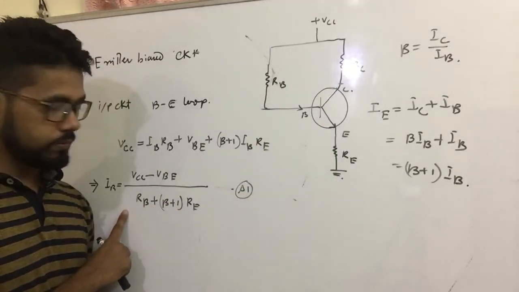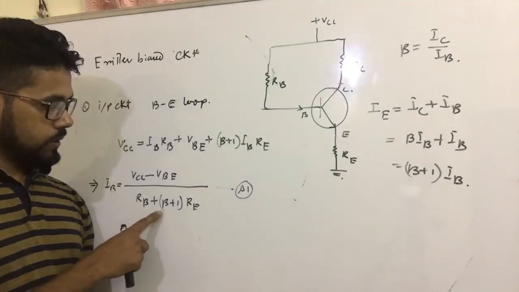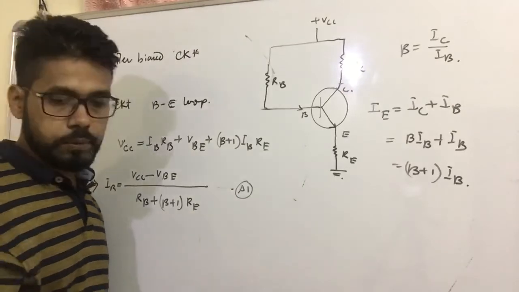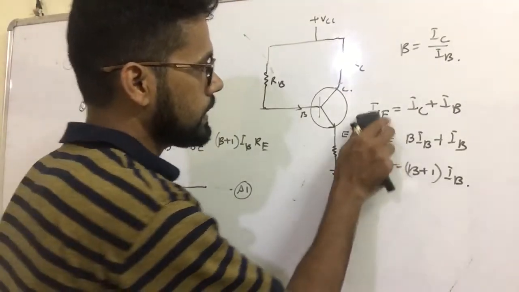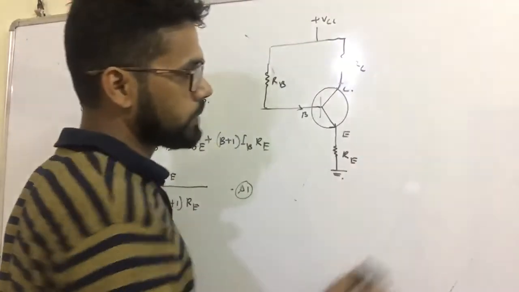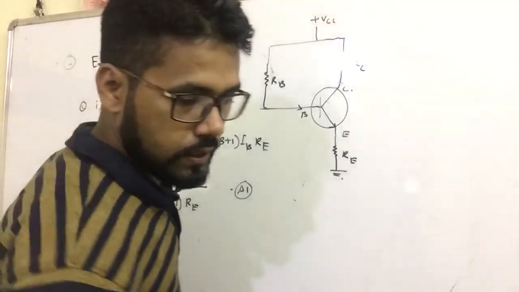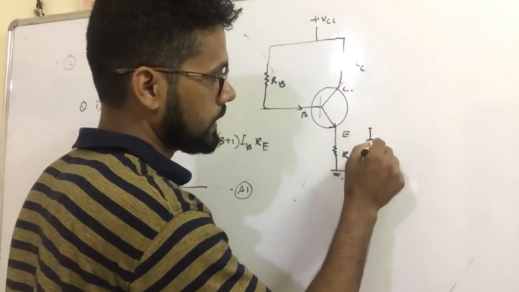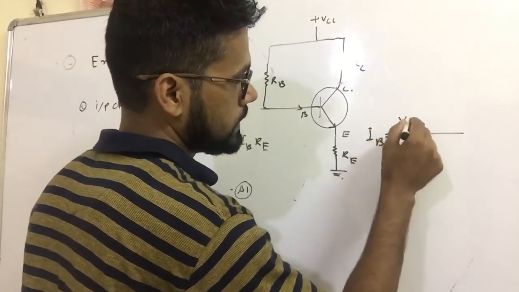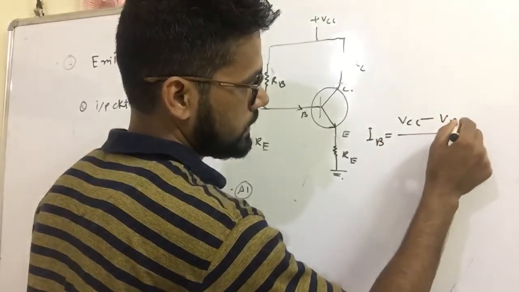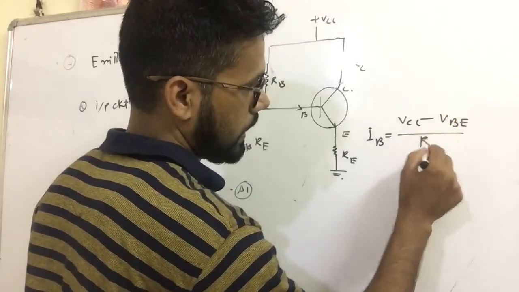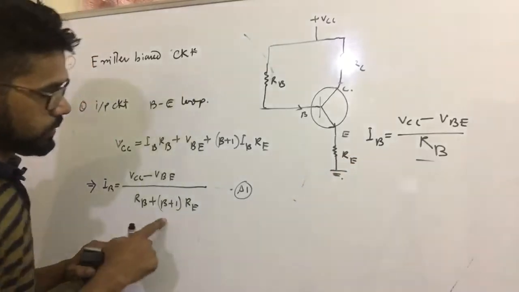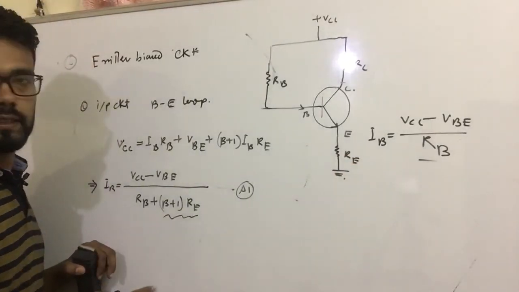So in the previous calculation for the fixed bias configuration, what I got was IB equals VCC minus VBE divided by RB. That was the previous calculation. Here we have an external part, this part.